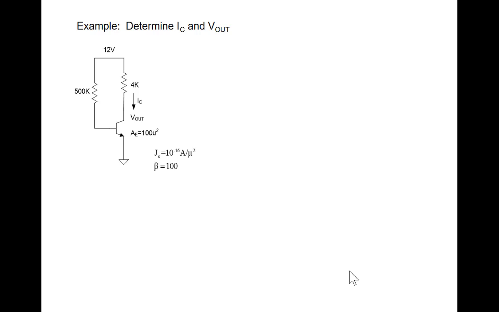If that's the collector current, the output voltage, V out, will be 12 minus the collector current times 4K. So it's 12 minus 11.4 over 5K times 4K. The K's cancel, so it's 12 minus 11.4 over 5. You still need the 4, right? Oh, yeah, you're right. Thank you.